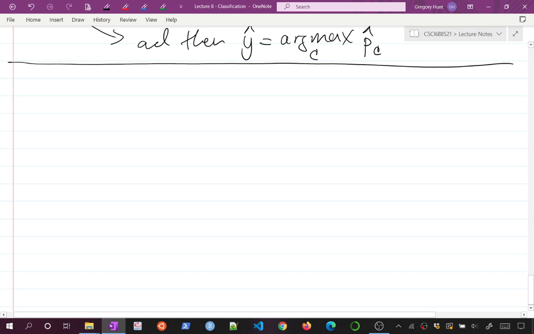So let's talk about evaluation here. We talked about this for regression and what evaluation metrics there are. For classification, there's actually a fairly larger number of metrics.